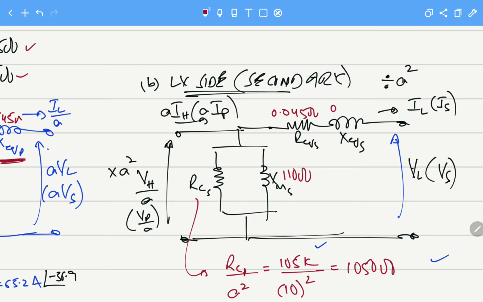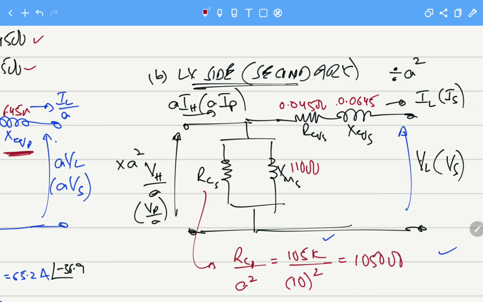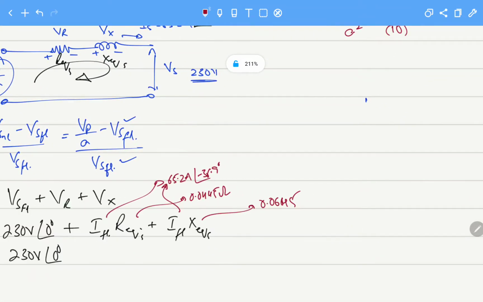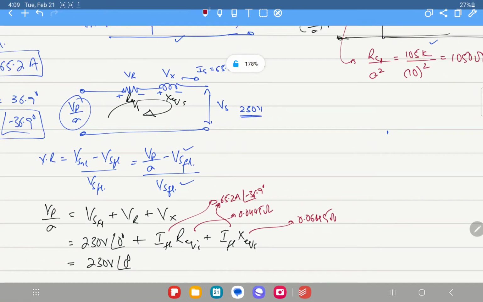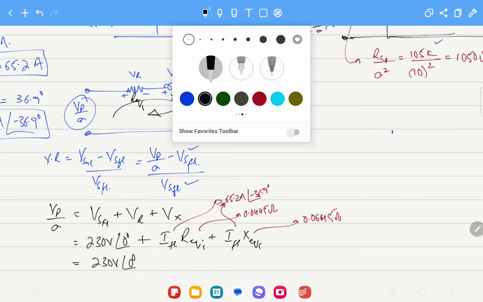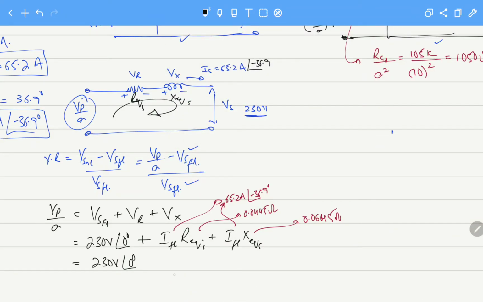But this is a solved example, you can find the values, and here also. So after putting the values, we will get 2.9 volts. This will be minus 36.9, same angle as that of the current.